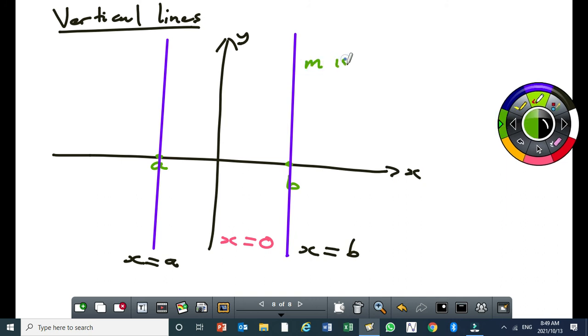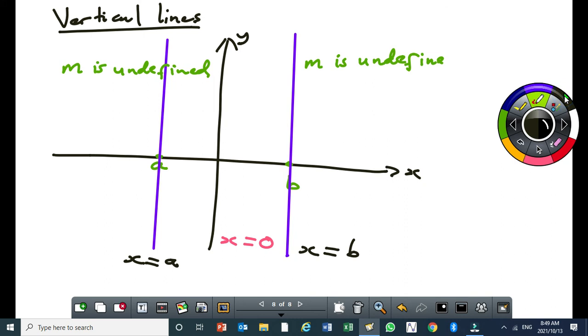So M is undefined. M for the next line is also undefined. Any vertical line has no gradient. The gradient cannot be defined. You can't give it a value, right?